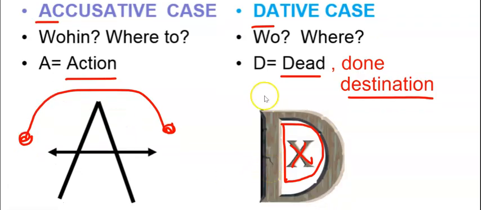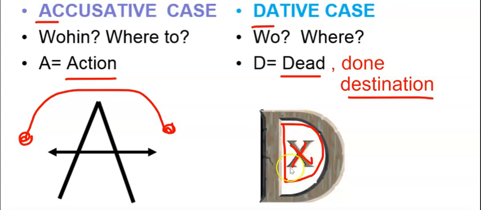For dative, I know it answers the question wo. Dead is what I first came up with, but that's not necessarily very uplifting. So I then determined I'm just going to keep the same concept and keep the letter D. But D has a negative space within it.